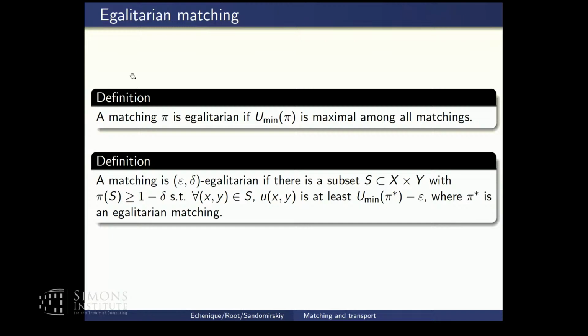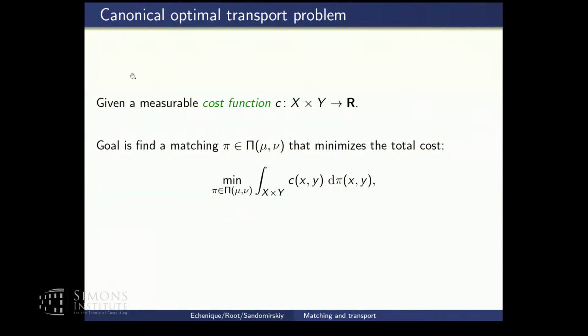All right, so we know what stability means. We know what it means to be egalitarian. All right, so I'm going to claim that this has a connection to optimal transport. So what is optimal transport? It's a theory that's a special case of linear programming that has been studied a lot and which focuses on matchings.